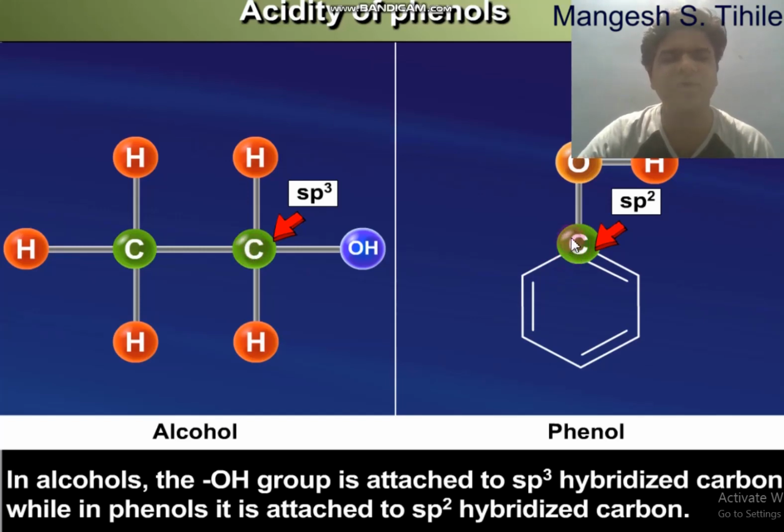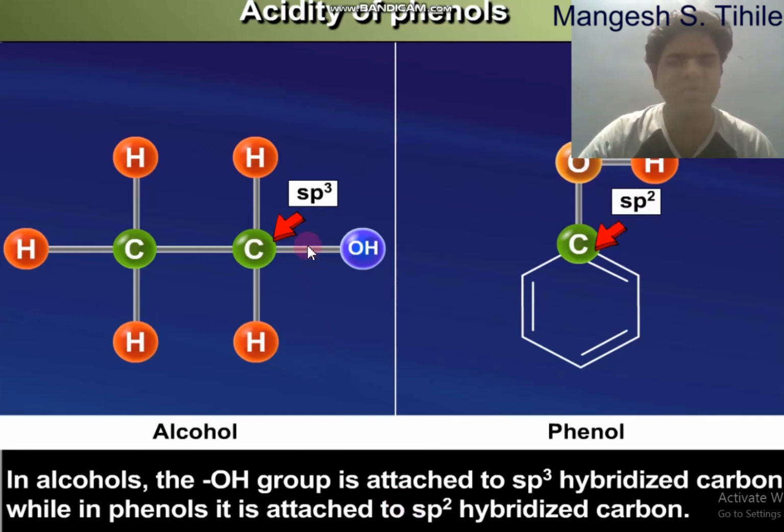So it withdraws electrons from the oxygen of the hydroxy group, and the bond between oxygen and hydrogen becomes weaker. Therefore it is able to donate the H positive ion, whereas alcohol does not donate the H positive ion. So alcohol is not a Lowry-Bronsted acid, whereas phenol is a Lowry-Bronsted acid.